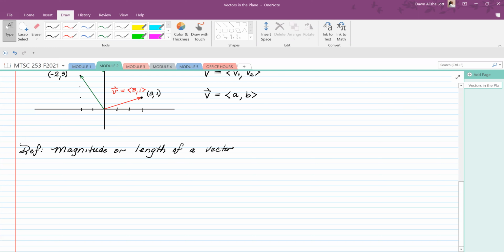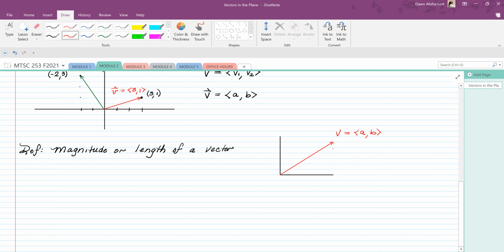If I have a vector and it starts at the origin and goes to the point AB. So this vector V is the vector AB.